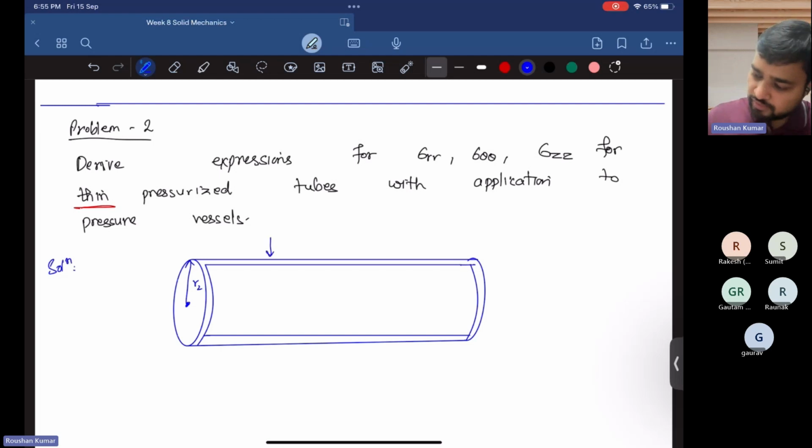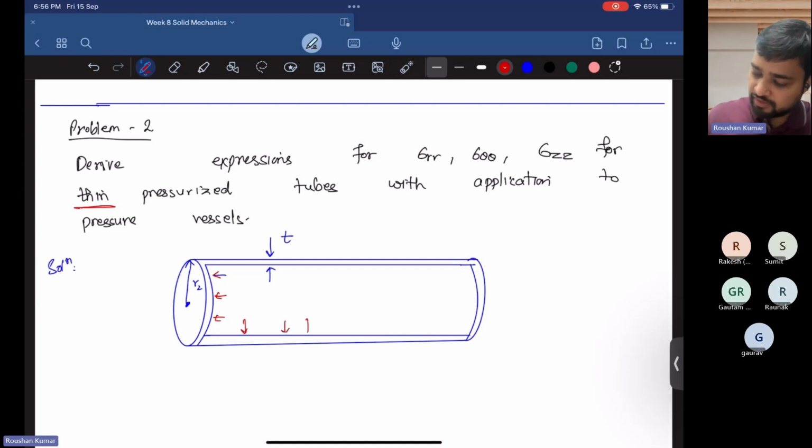Suppose the thickness of this hollow cylinder is T, and as it is a pressurized vessel, pressure is acting from the inside of the cylinder on all the faces.